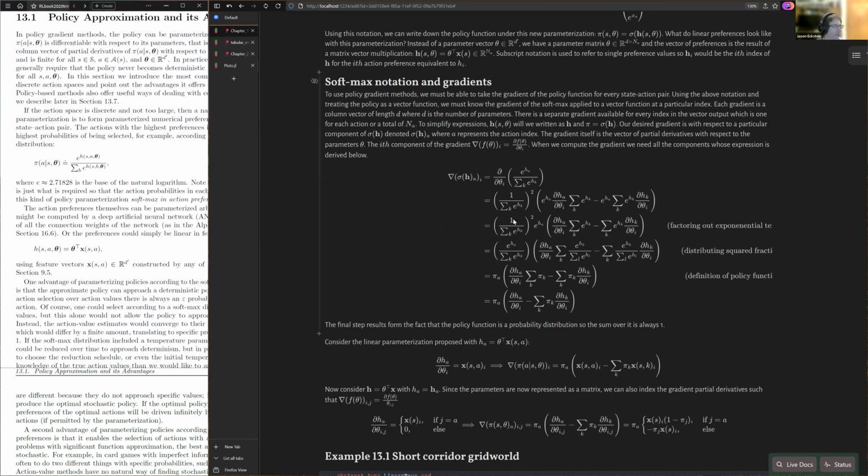I'm going to take the first part of it, one of these, and combine it with this exponential term. And the reason for that is that this expression here is just the original expression for the policy function. This is the softmax taken at component a of the preferences. So this simplifies to just that softmax.